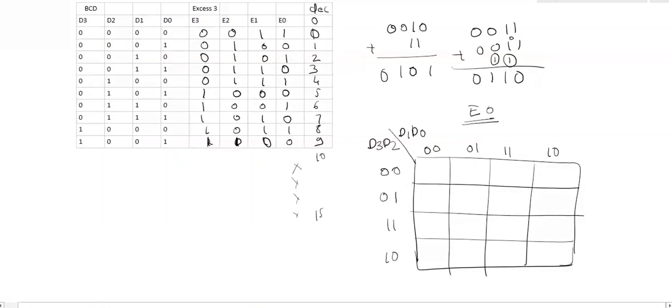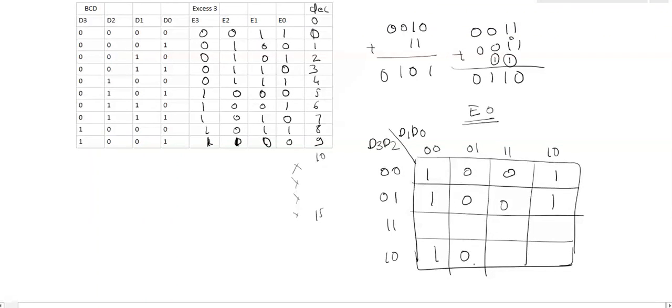Now for E0, the values are 1, 0, 0, 1, 1, 0, 0, 1, 1, 0.